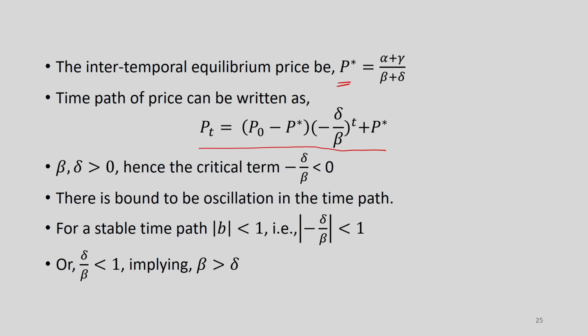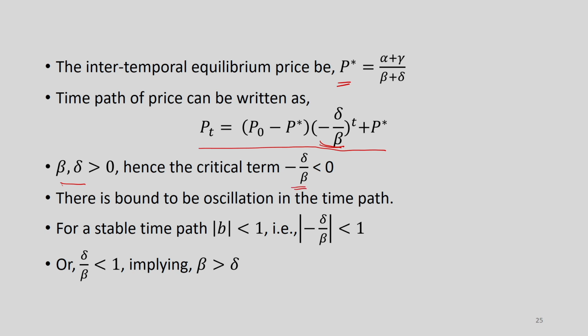As we know, all these parameters are positive, in particular beta and delta are positive, which means that this term, right, this is the b term, small b. That small b is equal to minus of delta divided by beta. Delta and beta are both positive, which means that this b is negative.